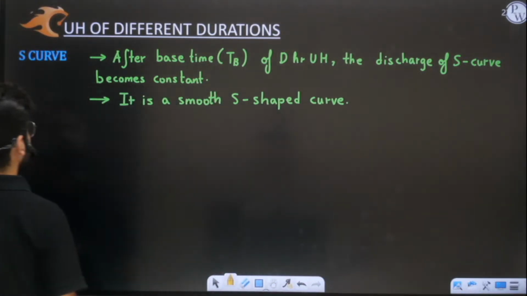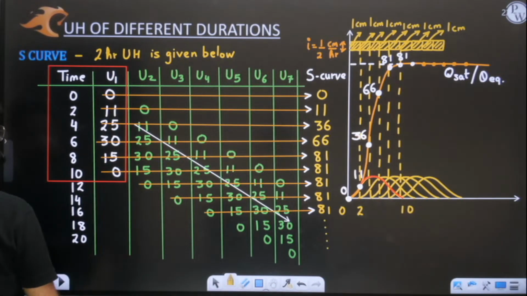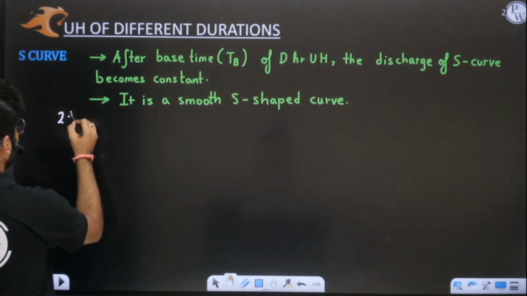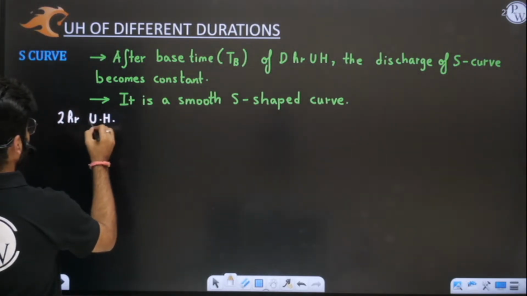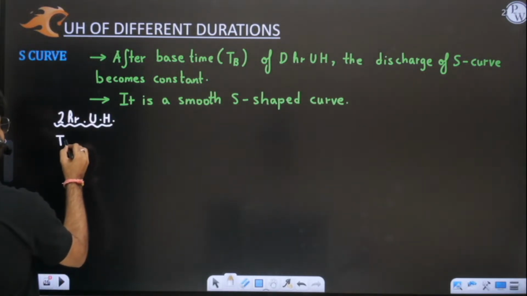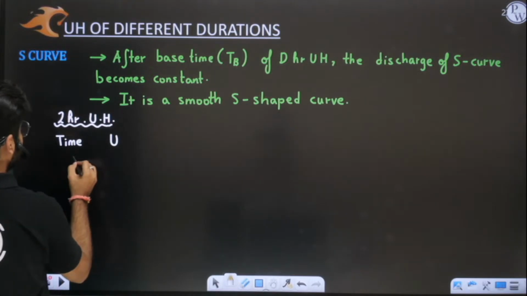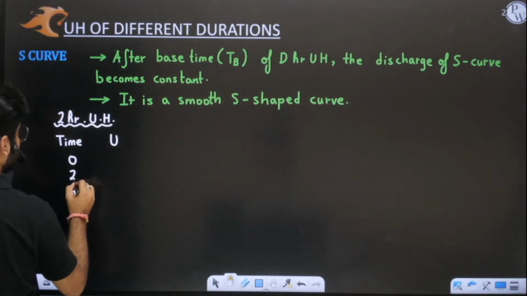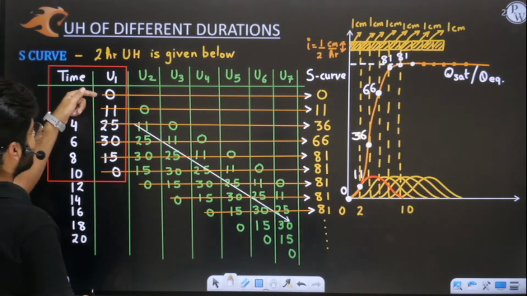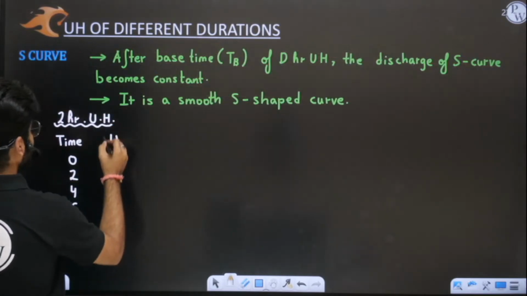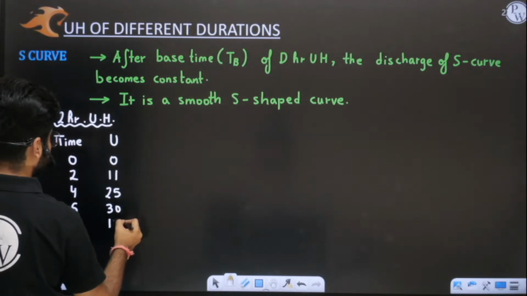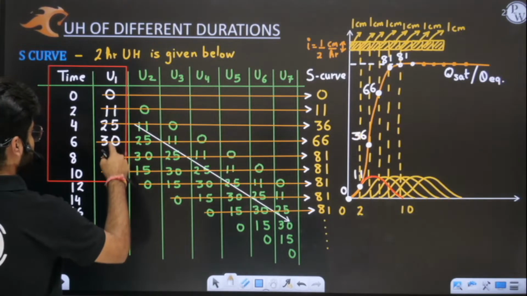Okay sir, tell me how to write directly. So let us write these values again. So let us write this 2R unit graph again. The time values given to me are 0, 2, 4, 6, 8 and 10, and the ordinates are 0, 11, 25, 30, 15 and 0.